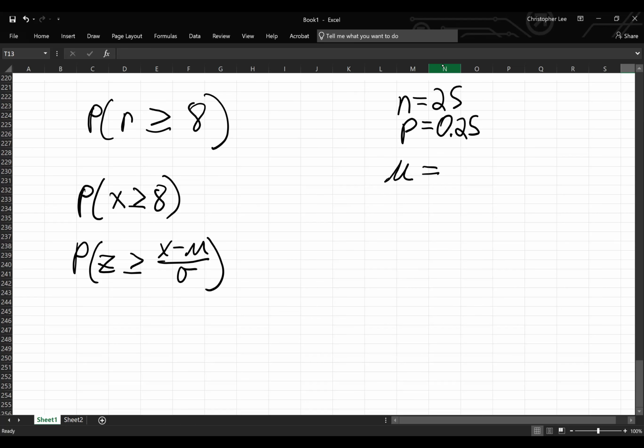What was the formula for mu? Something simple, just two things multiplied by one another.